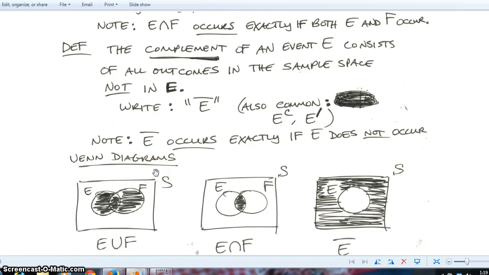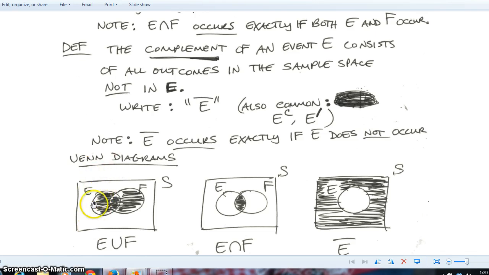So you can imagine the outcomes are like points inside that rectangle. The events are going to be written as these circles, and if an outcome lies in the interior of that circle, then it's in the event. If it lies outside, then it's not in the event.